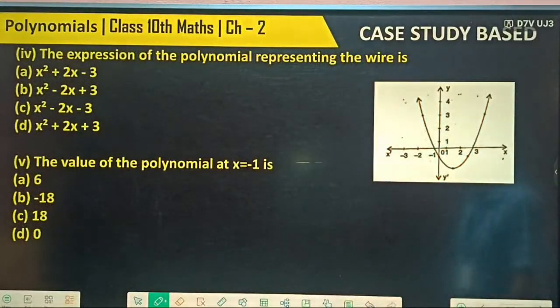Next, related to that, the expression of the polynomial representing the wire.